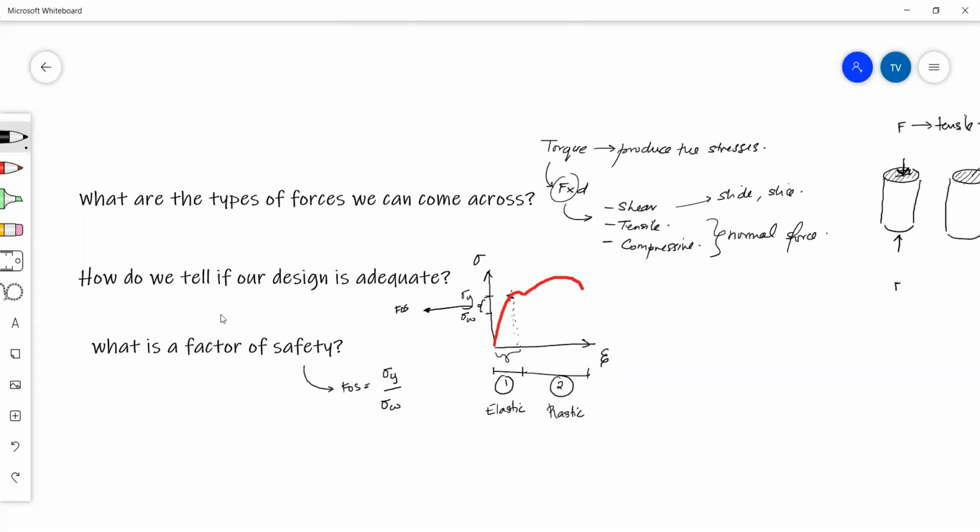So if I told you that a part has a factor of safety of 1, what does that mean? Less load is applied. Yes, it means that our working limit is equal to our yield.